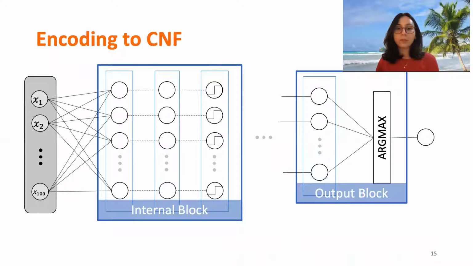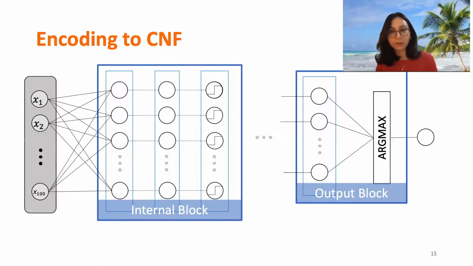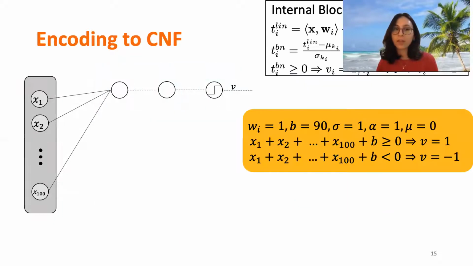However, for the purpose of this presentation, let's just consider the first neuron of the first internal block. And this is just a very simple transformation. I put here the transformations on the right side, but this example will be very simple. So here the weights are all 1s, the bias is 90, and the batch normalization transformation is actually an identity function.